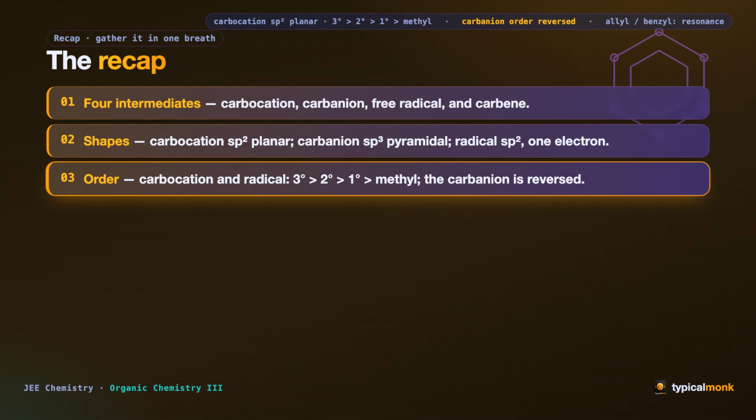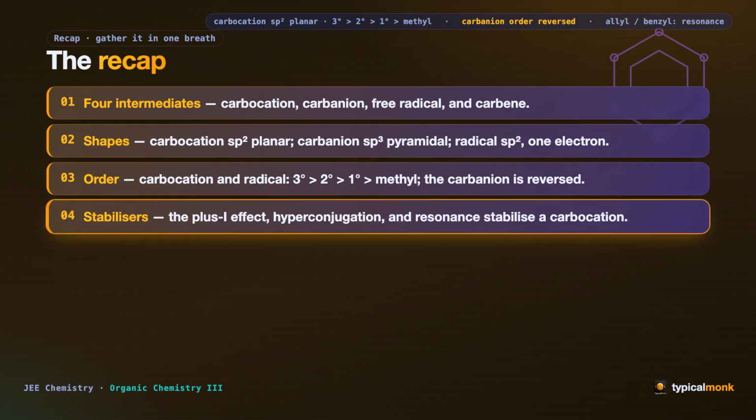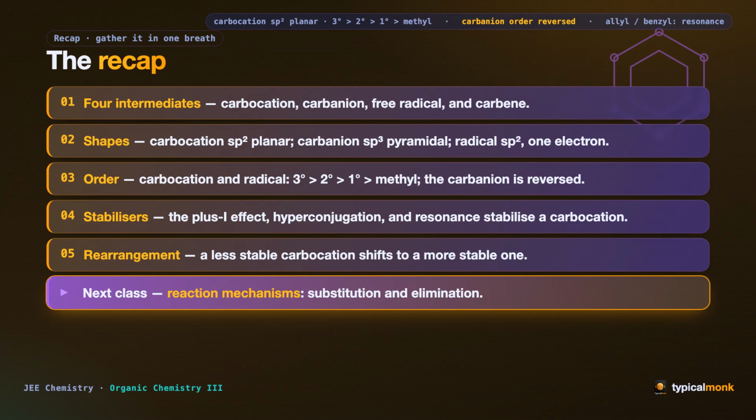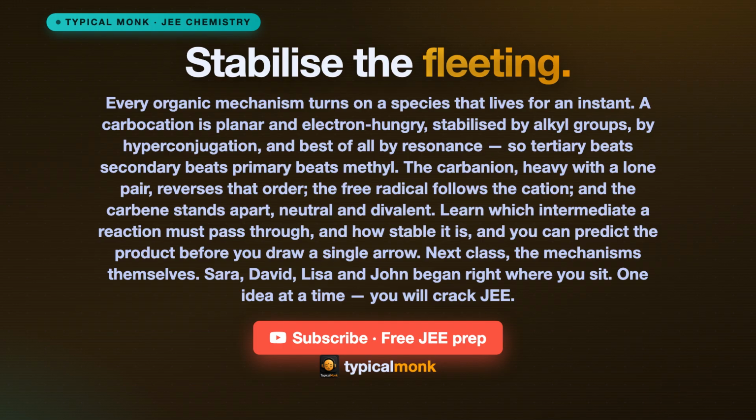The order, carbocation and radical run tertiary over secondary, over primary, over methyl, the carbanion is reversed. The stabilizers, the plus I effect, hyperconjugation, and resonance stabilize a carbocation. Rearrangement, a less stable carbocation shifts to a more stable one. Next class, the reaction mechanisms, substitution and elimination.